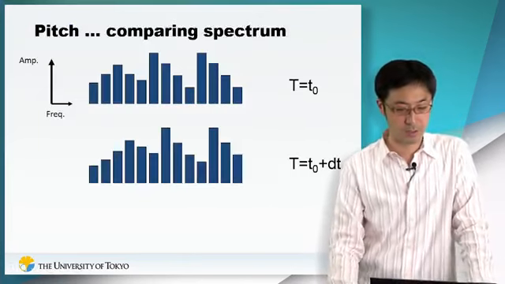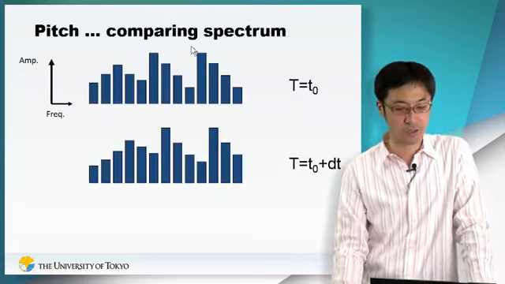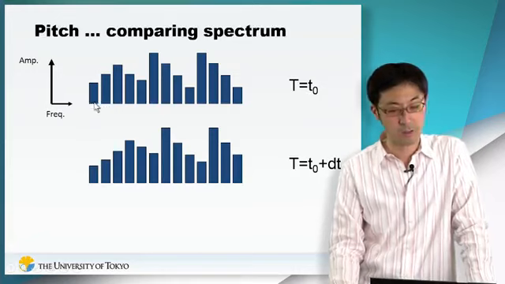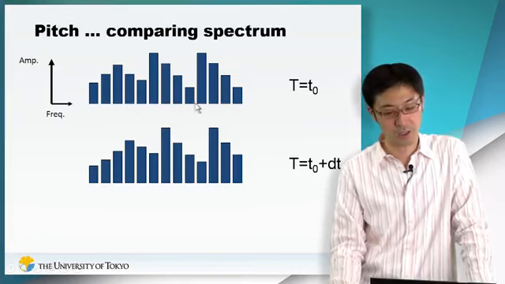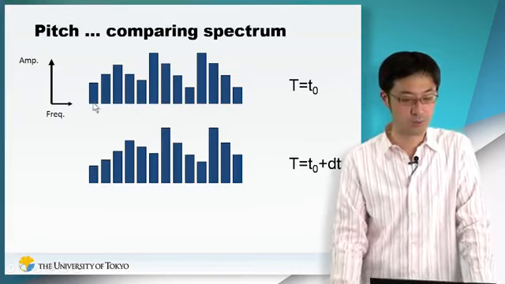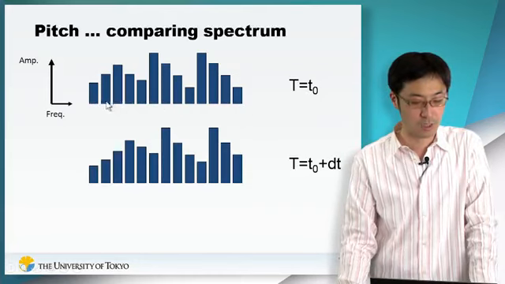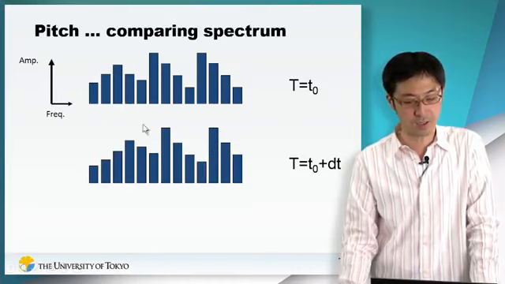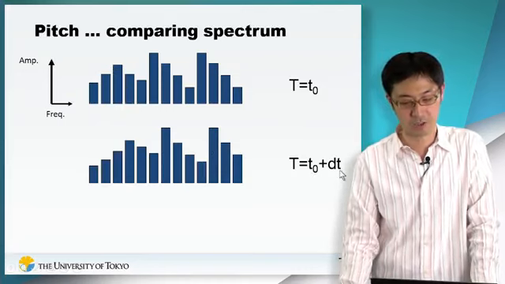So here's the detailed algorithm. Suppose you have this kind of spectrum at time t0. The horizontal axis is frequency, from low frequency to high frequency, and for each frequency you get an amplitude. And then you get another signal at t0 plus dt.